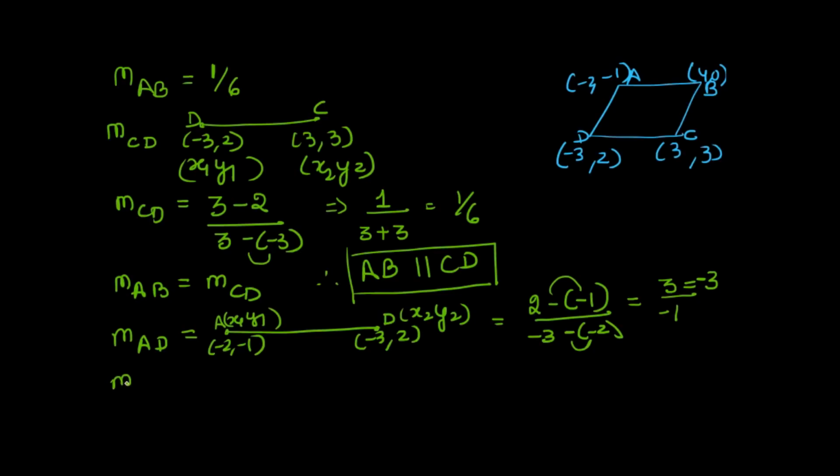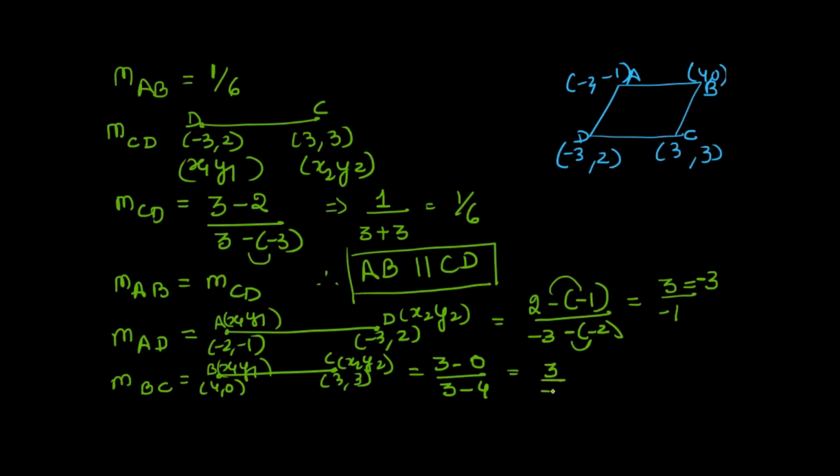Let us find the slope of BC. Slope of BC will be, B is 4, 0, C is 3, 3. This is x1, y1, x2, y2. So y2 minus y1 over x2 minus x1, which gives 3 over -1, which is -3. Okay, so what do we see?